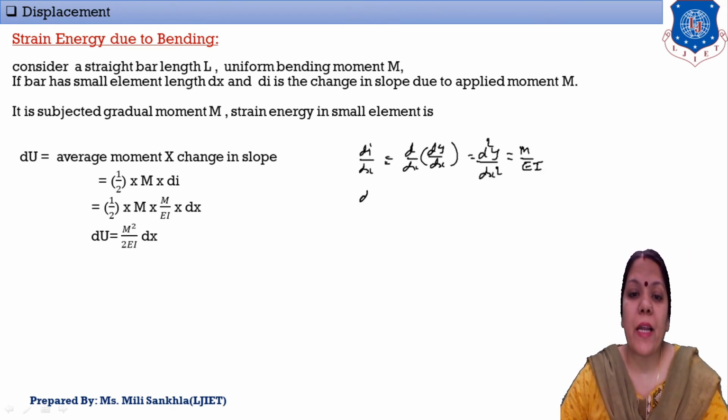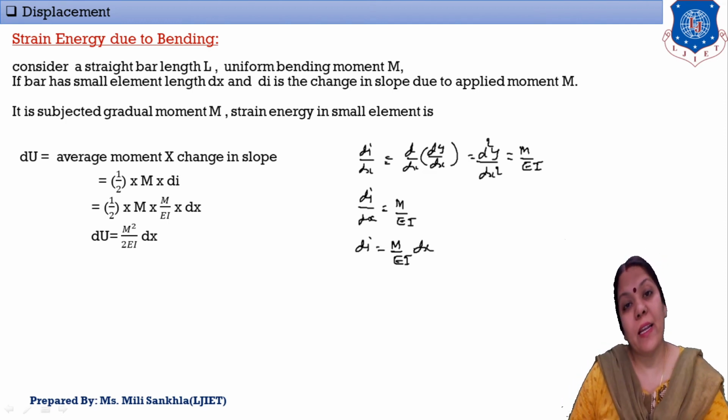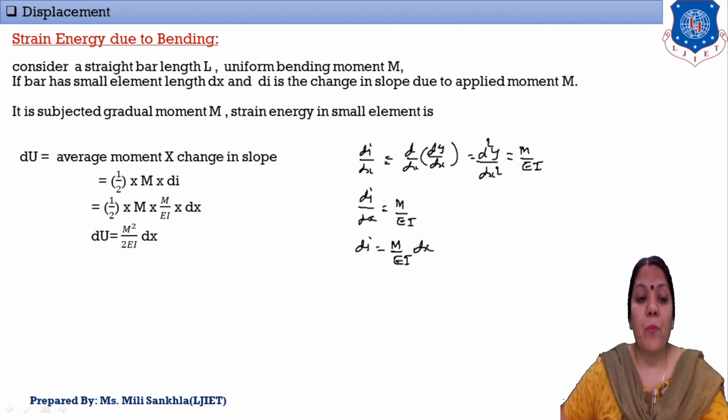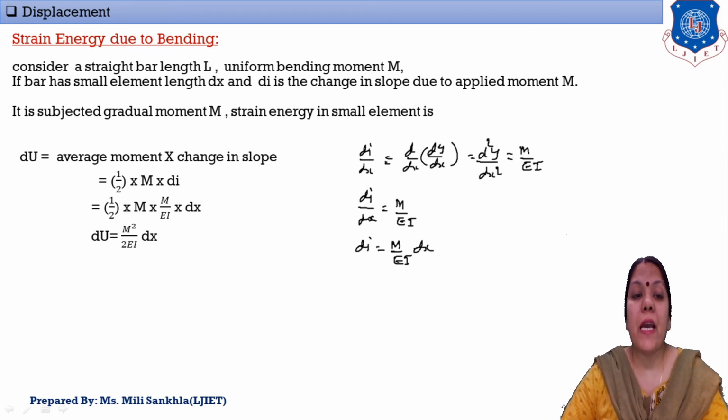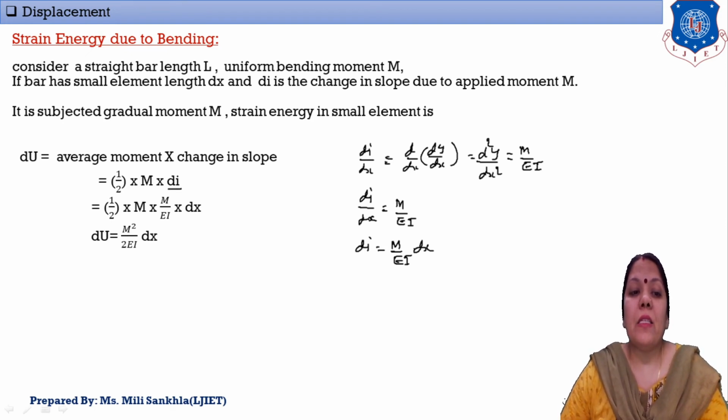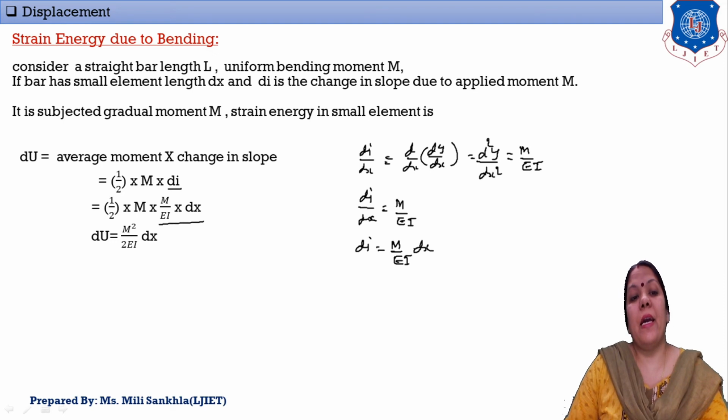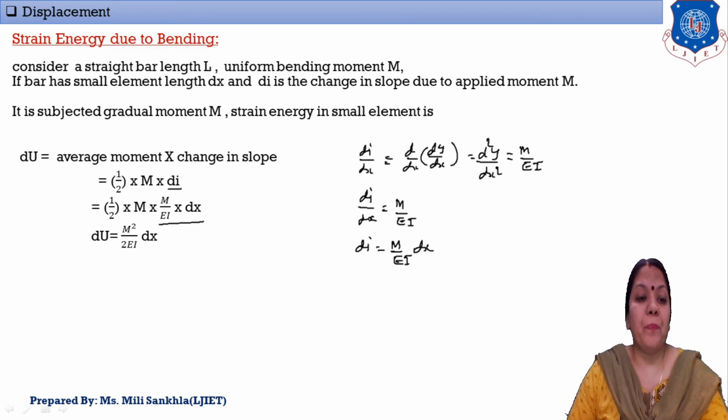So here I write dθ by dx is equal to M by EI. That means dθ is equal to M by EI into dx. Clear? Okay, so here I put the value of dθ is equal to M by EI dx. Okay, now next.